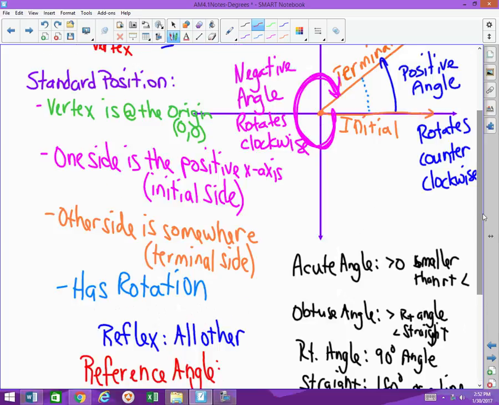So a reference angle for this orange angle, whether you're talking the pink one or the blue one, the reference angle is this angle right here.